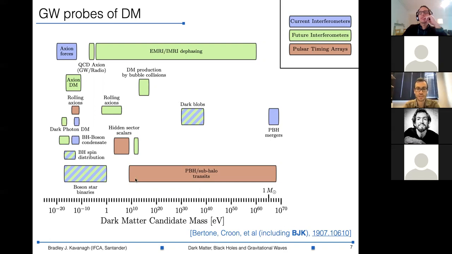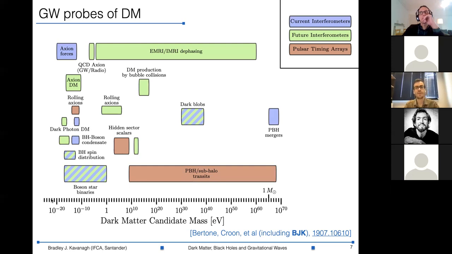Okay, and so each of these bars indicates a different way of probing dark matter, and the colors tell you whether we're thinking of current interferometers like LIGO, which is an Earth-based detector, or whether we're thinking of something more in the future, or whether we're thinking of very low frequency gravitational waves that you would detect with pulsar timing arrays. Okay, and as you can see, taken together, all these different probes span a huge range in dark matter mass that you might be able to probe. And this is really cool.